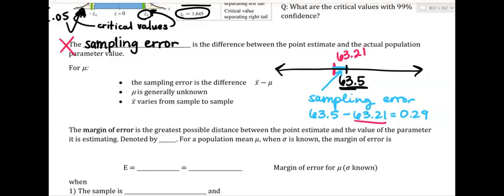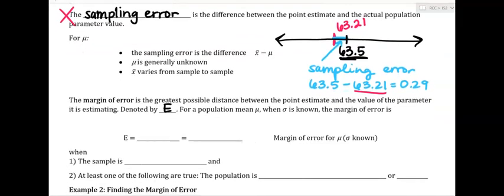But what we will be talking about is the margin of error. The margin of error is the greatest possible distance between the point estimate and what the actual value of the parameter is. And that's what we're interested in. Just how far out can we go and still capture the mean? So the formula for the margin of error, specifically, is very specific to these conditions.